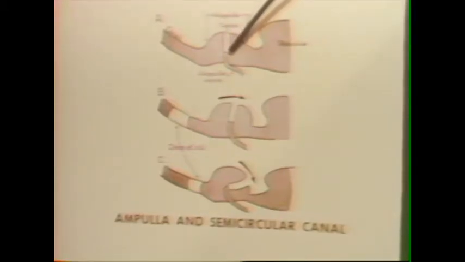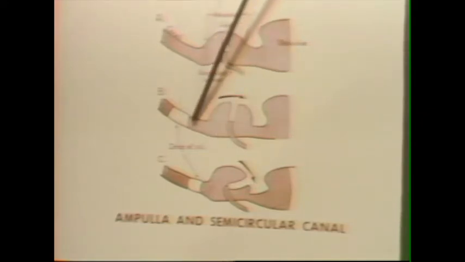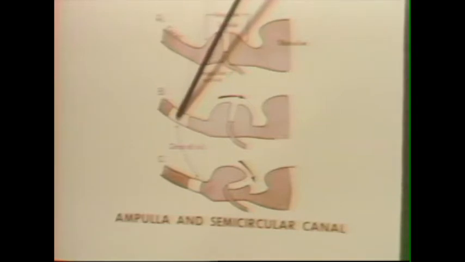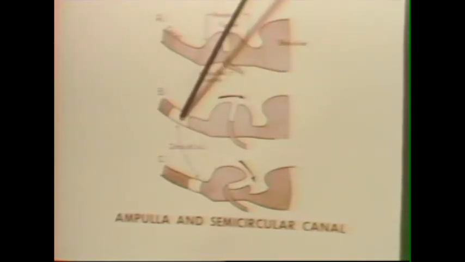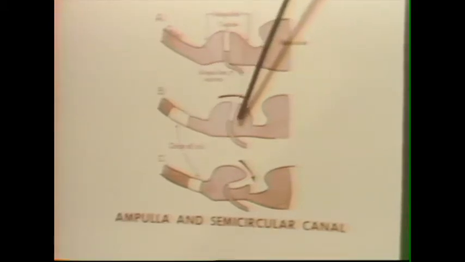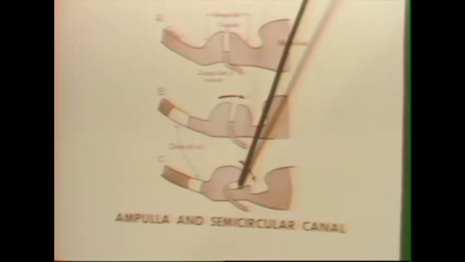And if the head is suddenly moved, then endolymph either moves in or out depending on the way the head rotates. And as endolymph either moves in or out, and here is the movement depicted by a drop of oil which would show up in microscopy, then the cupula moves against the sensory hairs in an appropriate way, and that signals the presence of movement.